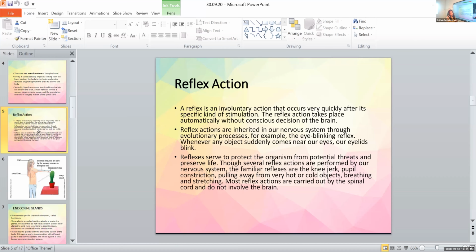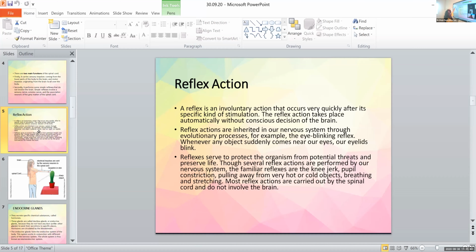Pupil constriction means the narrowing of the pupil, and pupil dilation is also a reflex action. Then pulling away from very hot or cold objects. Then breathing and stretching, all of those come under reflex action. And the main point is that there is no involvement of the brain in this reflex action, because the information processing happens at the level of the spinal cord.